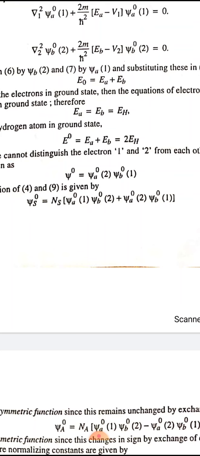This is the expression in the form of a linear combination, so it is called the symmetric function. We have already read about symmetric and anti-symmetric wave functions. This expression represents that the wave function is symmetric, since it remains unchanged by exchange of electrons.